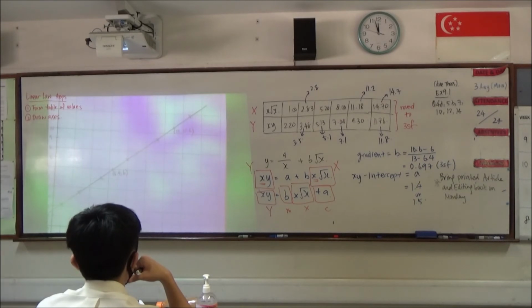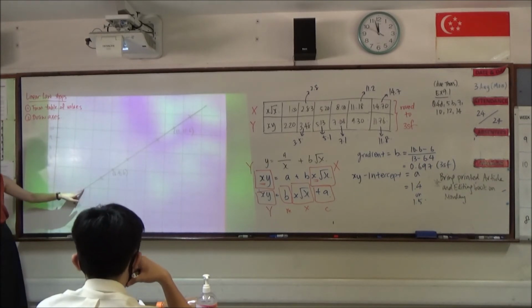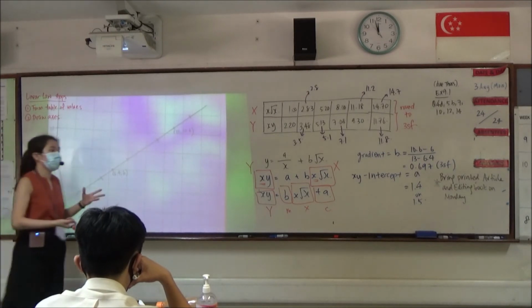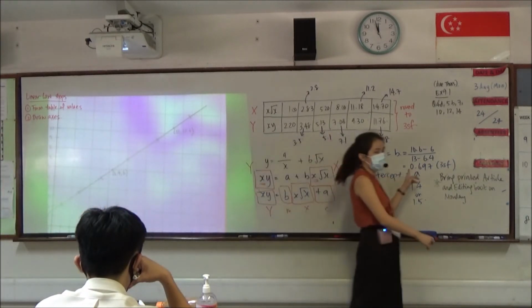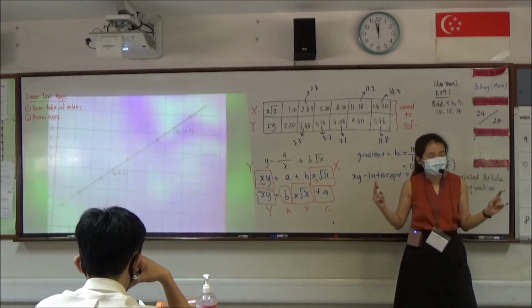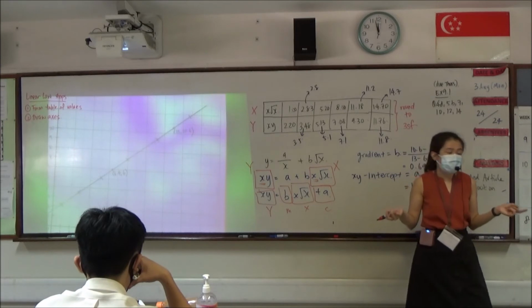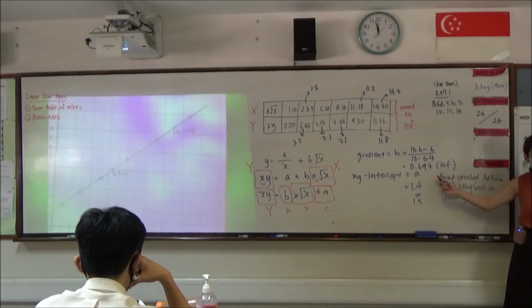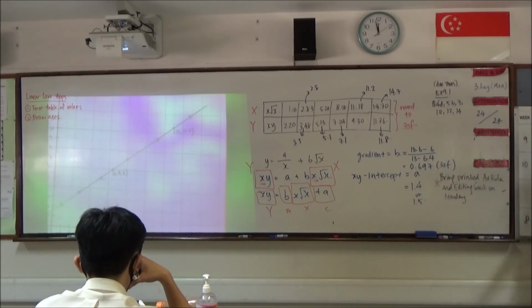You can have one at 3.6 and 4, that is fine as well. Then your gradient value might not be the same as mine, but don't worry, there is always an allowance in terms of the gradient. It should not be too far away from my 0.697. If you give me 0.7, that might be within the range also. 0.7 is still fine.